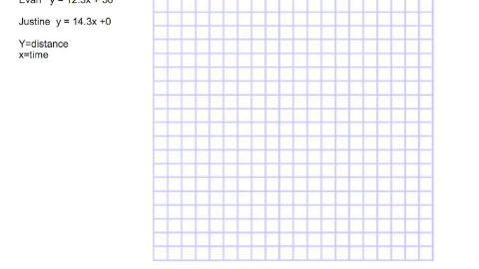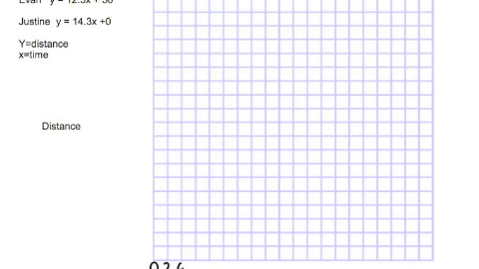I'm going to let time be on the x-axis, and distance be on the y-axis. I am going to start the time at 0, and I'm going to do a scale of 2.